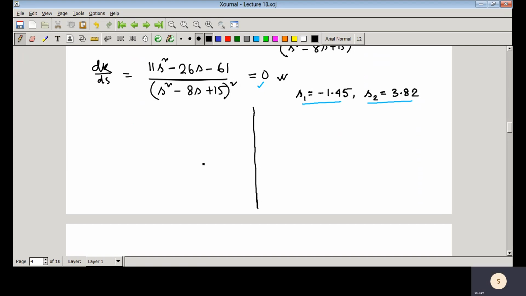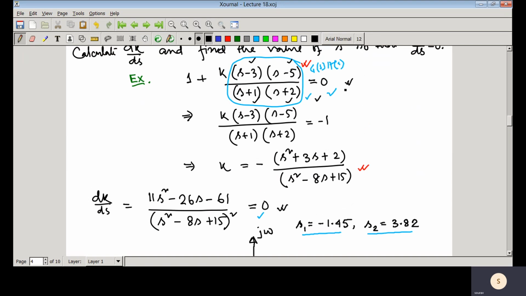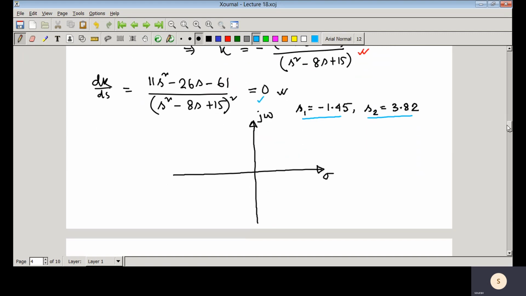So this is the S-plane, this is sigma, this is j omega, and if you look at G(s)H(s), two roots are there, one at -1 and another at -2.